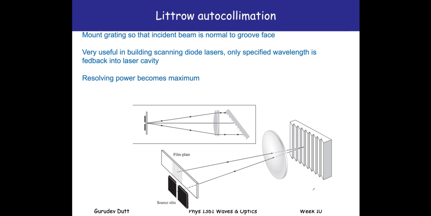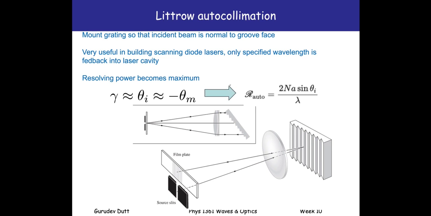One other useful thing to know is how gratings are typically mounted in many different situations. When you mount a grating so that the incident beam is normal to the groove face, then in the autocollimation condition, gamma is approximately theta I, and that's approximately minus theta m, the order.